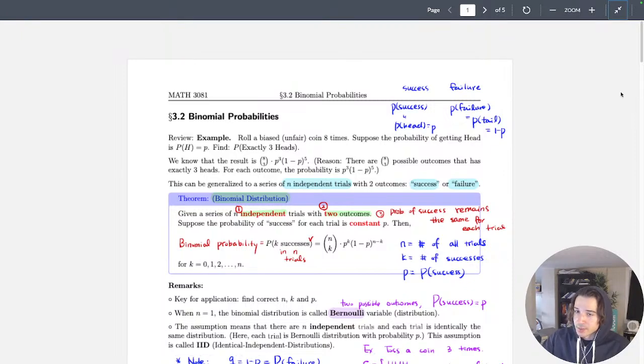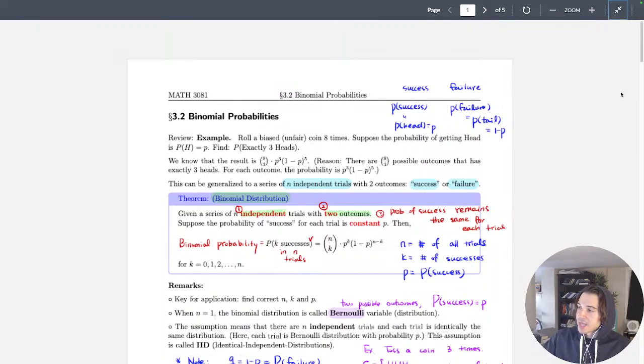If it were a fair coin, p would just be 1 over 2, and 1 minus p would be 1 over 2. So the exponentiation here has nothing to do with the bias of the coin, sorry. It has to do with the fact that we're looking for the probability of exactly 3 heads. So that's p cubed, and all the other events, so 5 tails, is 1 minus p to the 5th.